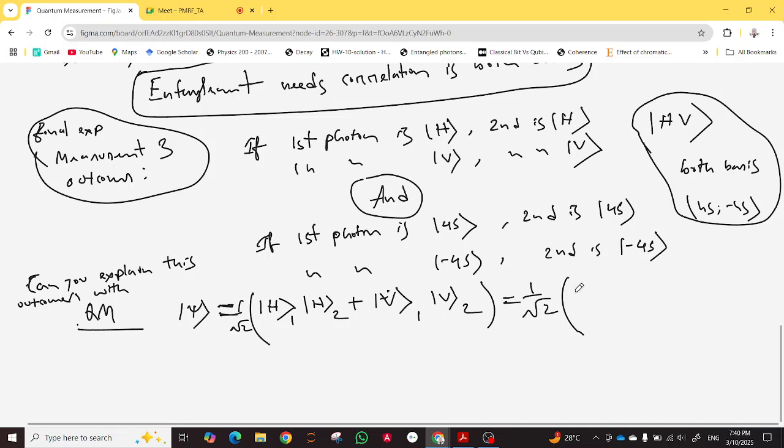This equals 1 by root 2, 45 1, 45 2, plus the first one is minus 45, second one is also minus 45. Okay, so if you write psi like this, then you can explain the results, right?